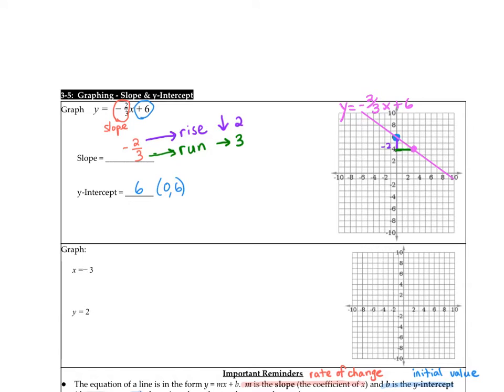So the second graph we're going to make is y equals negative 4x minus 8. So once again, the first thing you have to do is to plot the y-intercept. So the y-intercept here is at negative 8.